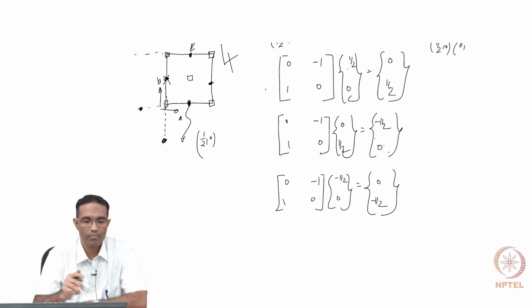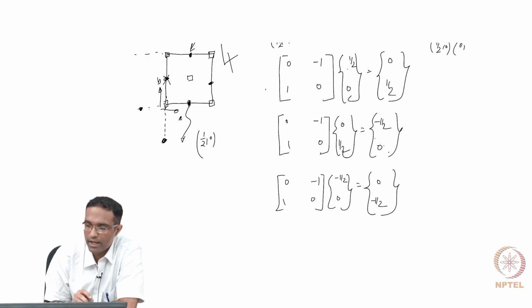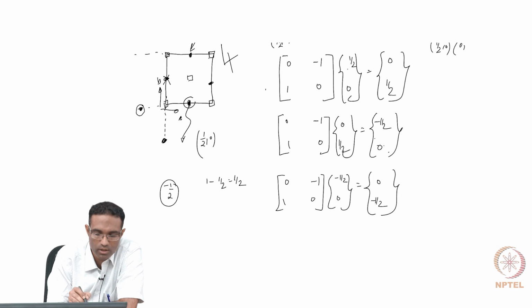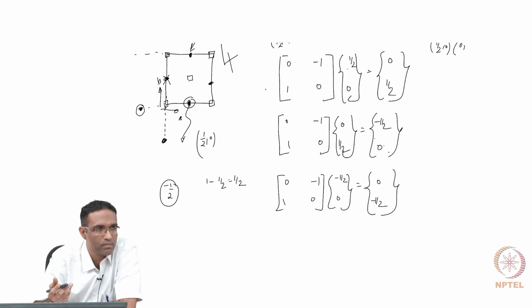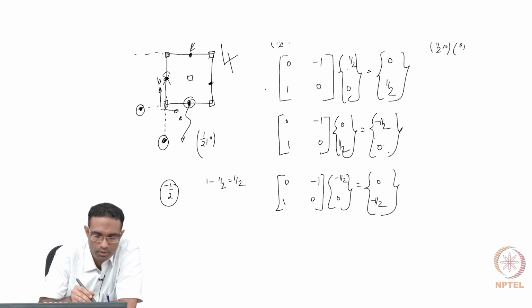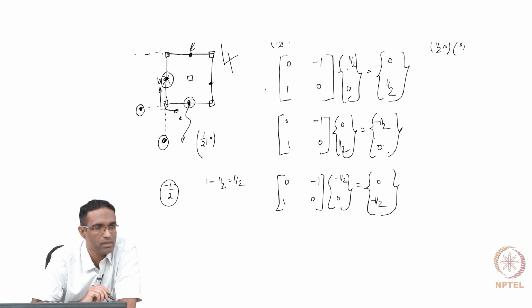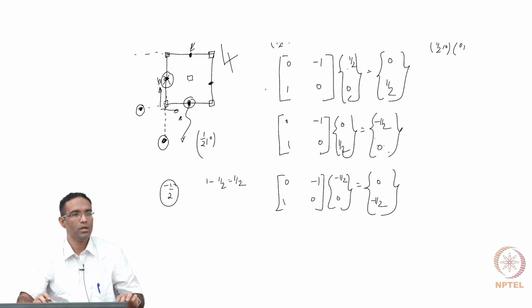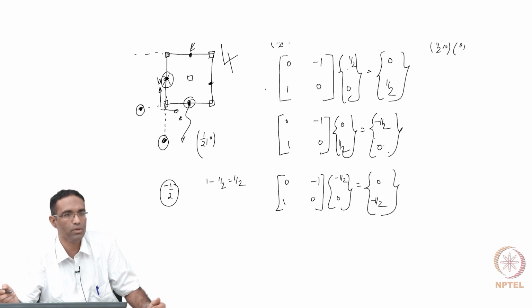Like I told you, if you have minus half, you can automatically bring it back into the cell by performing the operation 1 minus half, which gives you half. Consequently, this point and this point are the same points. Similarly, this point and this point are the same points. So these 2 points generated by the fourfold rotation are already there with you. You are just regenerating them.